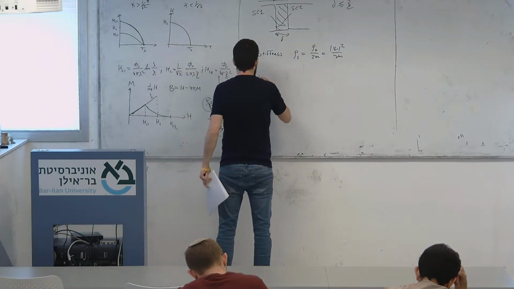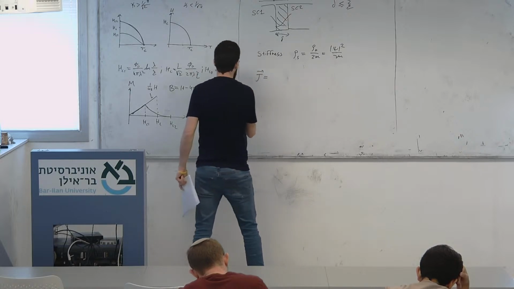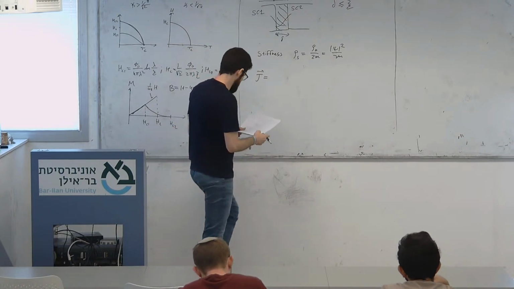Now let's focus on the current that is going through this junction.